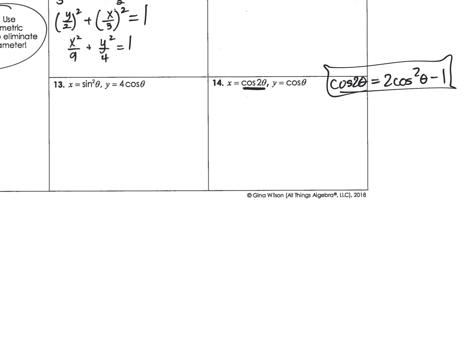So solve for and plug in. And you'll get it in terms of x and y. Okay? So this becomes x. This becomes y squared. Ta-da! Easy peasy.